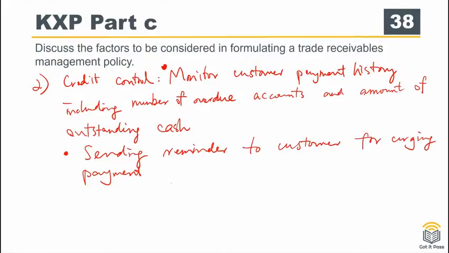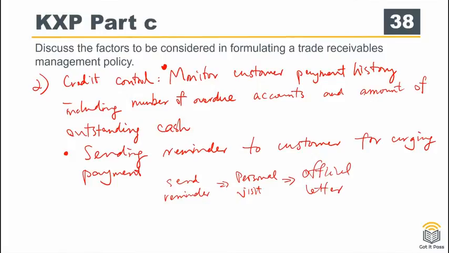Maybe the first step is send reminder, and then the personal visit, to call for the payment, and then an official letter. If you cannot pay, then official letter, and then warning letter. The last one is legal action. So there are some steps that you have to follow.